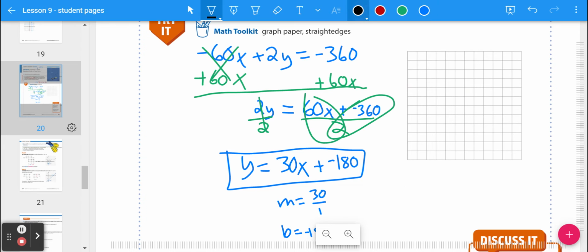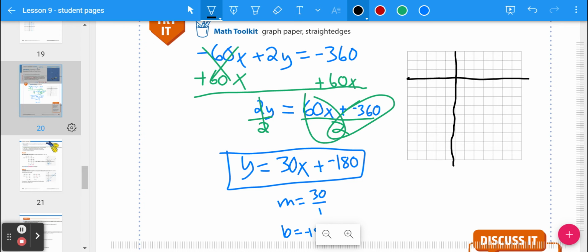So when I'm graphing this, I'm going to make my x and y axis. It is negative 180, so I'm going to put it way up here. And I'm going to make these go by 30s, let's just say, because the slope is 30.